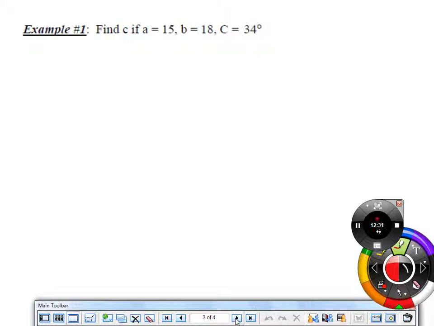So what situation are you in? Side angle side. So can we for sure build a triangle? Yes, because we can make that third side exactly the length we need to finish off the triangle based on what they give us. So we know for sure there's a triangle, so I'm just going to draw a generic one. I'm going to call stuff A, B, and C. Angle C is 34, length A is 15, and side length B is 18.